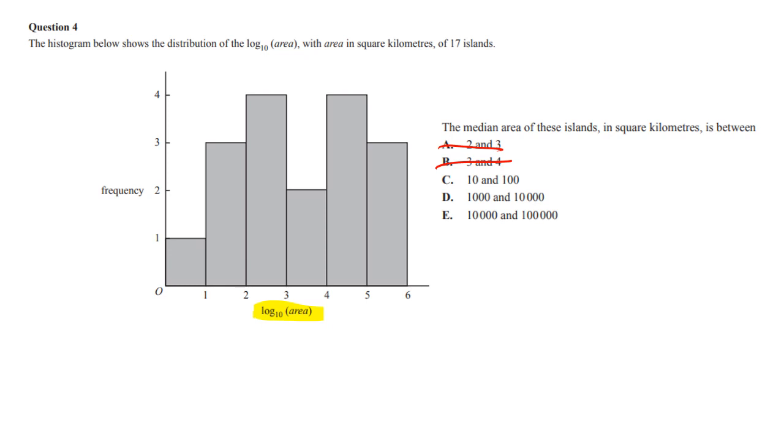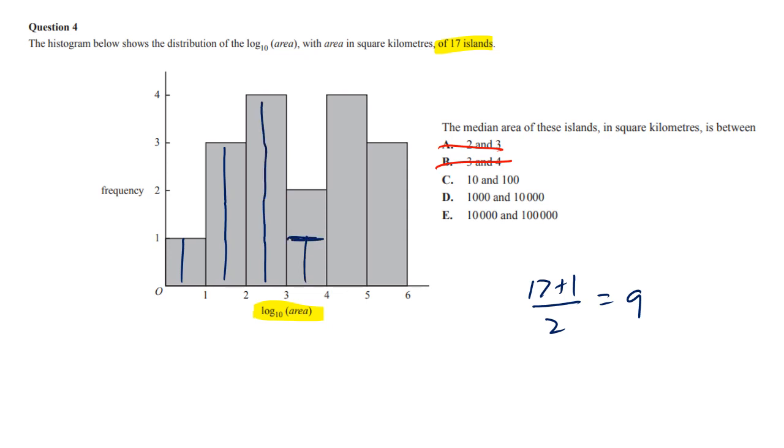It says there are 17 islands. So you've got to do that thing where you go, okay, 17 plus 1 divided by 2, that equals 9. So we want the ninth spot. So that's 1, 2, 3, 4, 5, 6, 7, 8, 9.